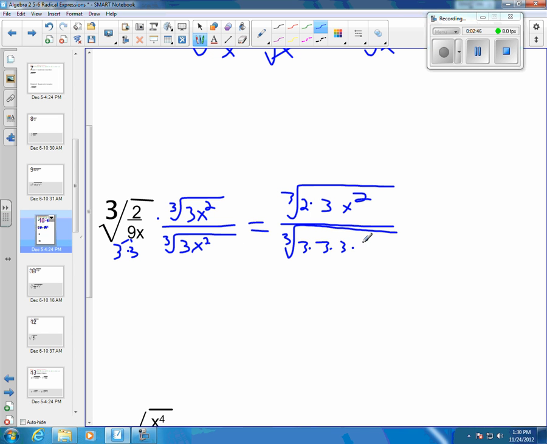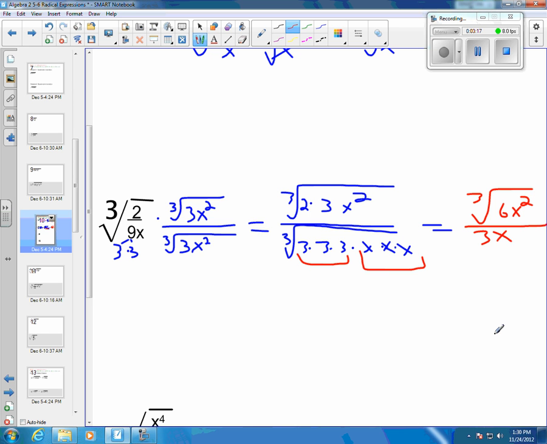And then it's going to be times x times x times x. Now remember, since it's cube rooting, we're looking for groups of 3. So I have 3 3's, so I can put a 3 on the outside of my radical. I have 3 x's, so I can put an x on the outside of my radical. And then I don't have any groups of 3 on the top, so the top is going to stay something ugly. So it's the cube root of 6x squared. And that's as far as I can take that one.